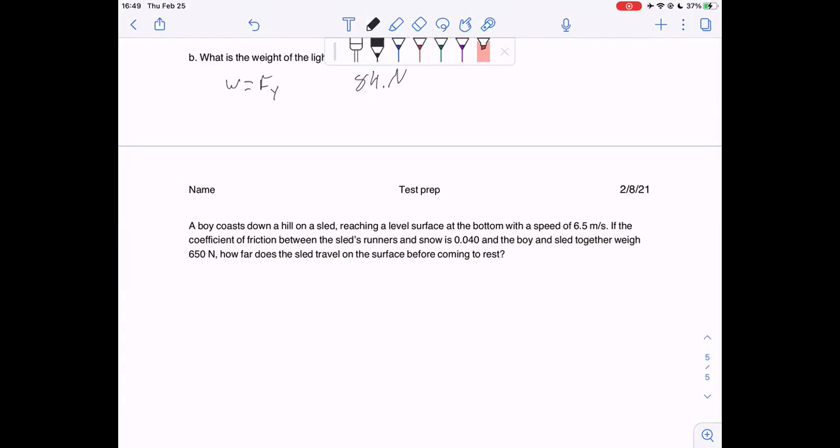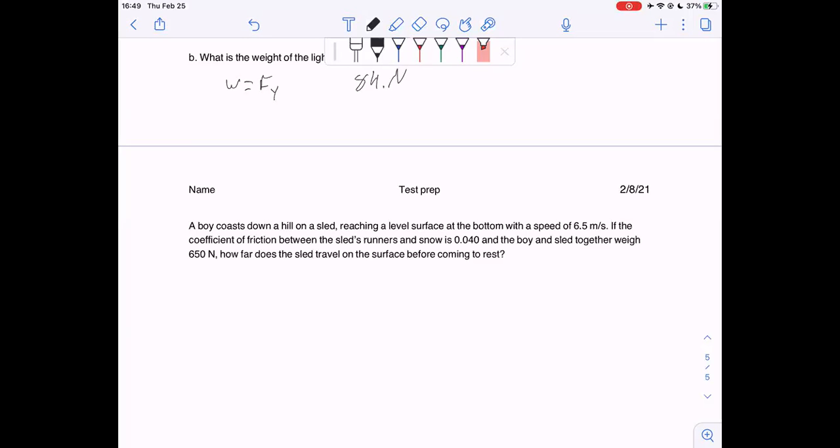How do we start? A boy coasts down a hill on a sled, reaching a level surface at the bottom with a speed of 6.5 meters per second. The coefficient of friction between the sled's runner and snow is 0.04. The boy and sled weigh 650 newtons. How far does the sled travel on the surface before coming to a rest?